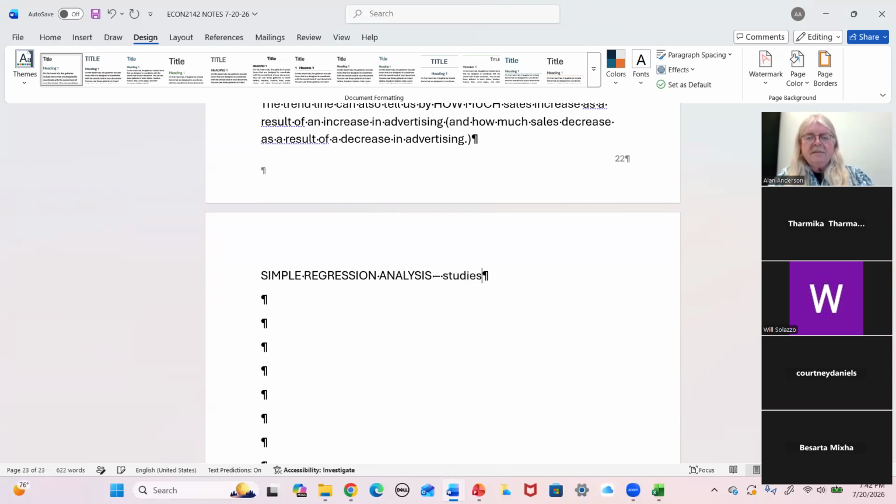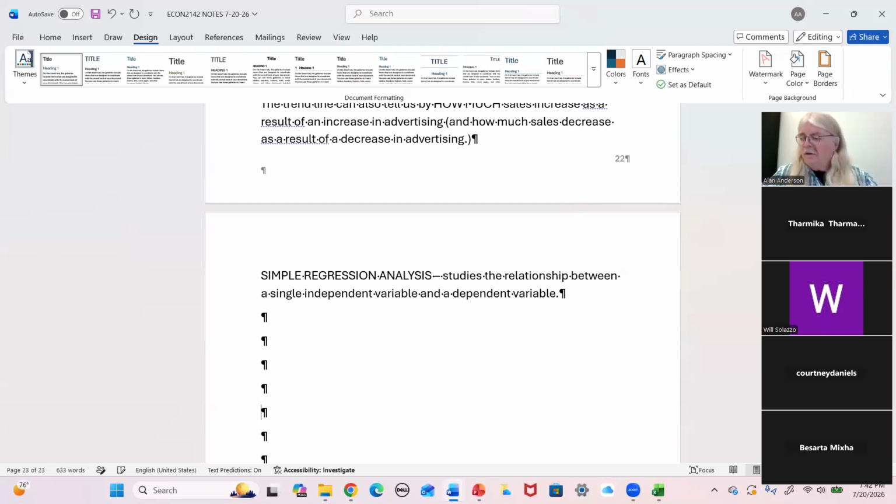Simple regression studies the relationship between a single independent variable and a dependent variable. Or you're studying something like this.